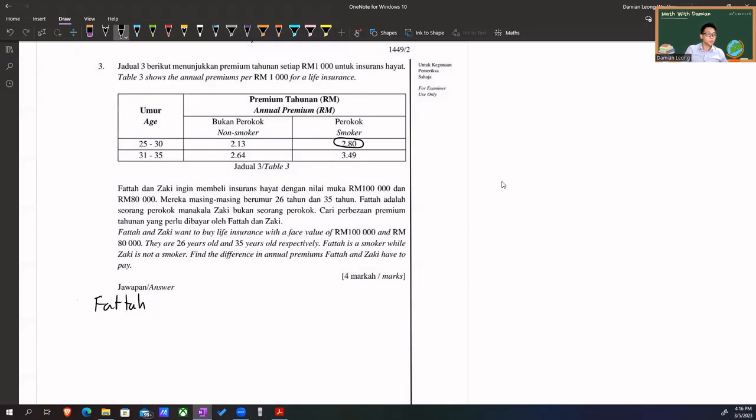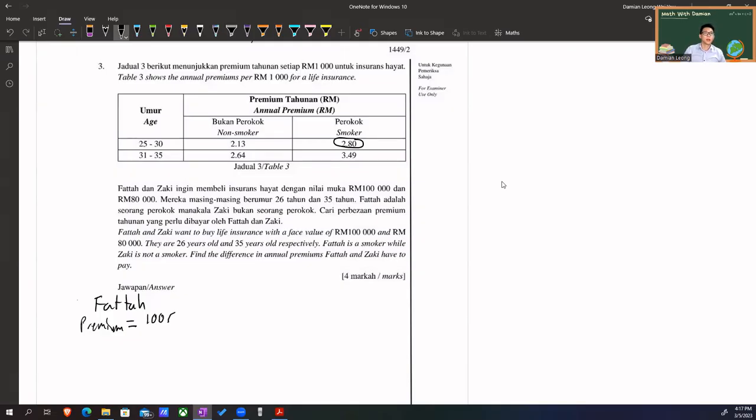So the premium for Fata will be the face value per 1,000 times the premium rate.